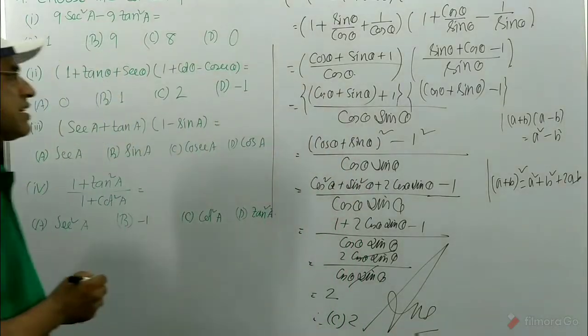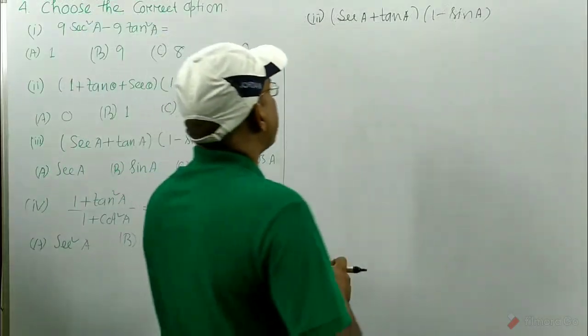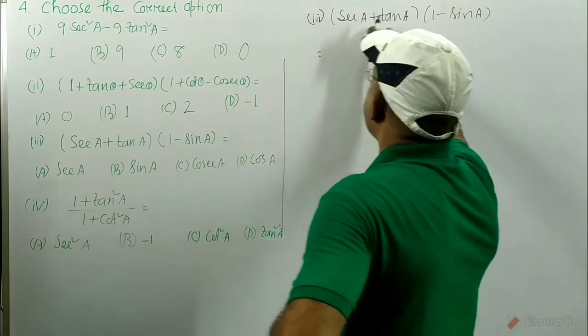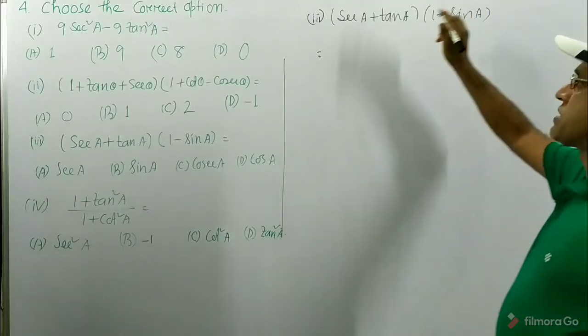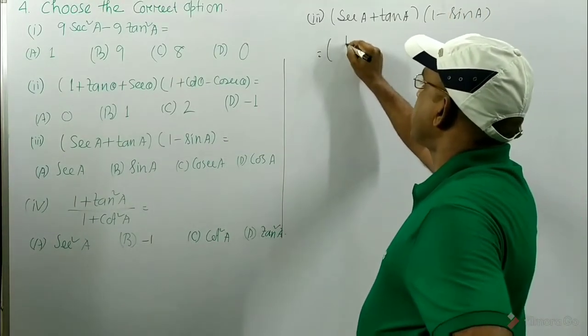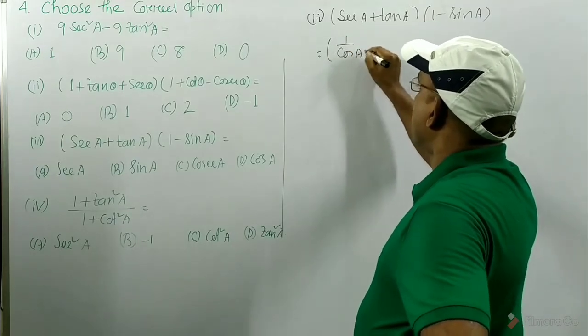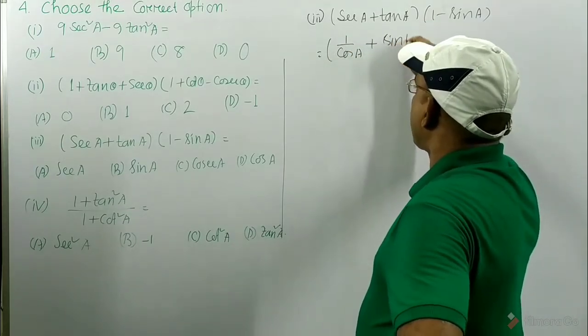Now we consider number 3: sec A plus tan A into 1 minus sin A. Sec means 1 by cos and tan means sin by cos.